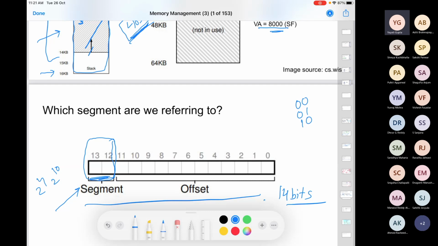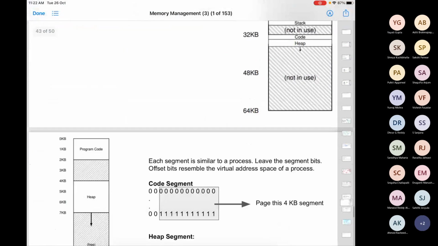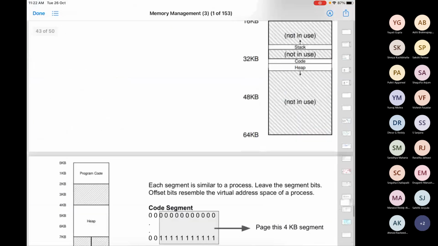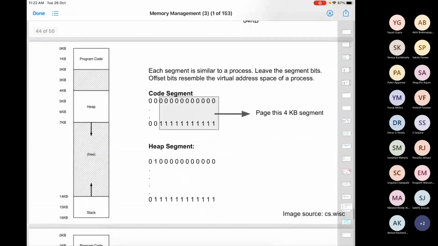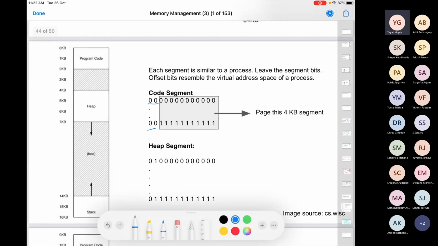Can you tell me what will be the size of a segment here? Just take a look here. In this particular figure, the first 2 bits we are using for the segment, and the remaining bits are being used as offsets.